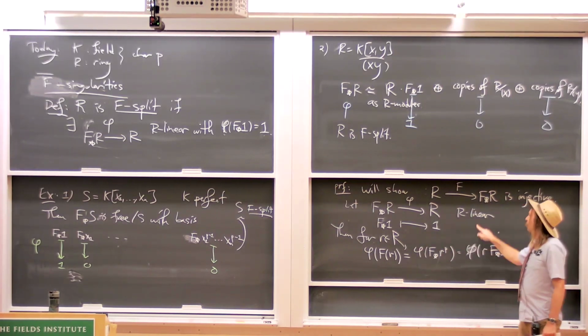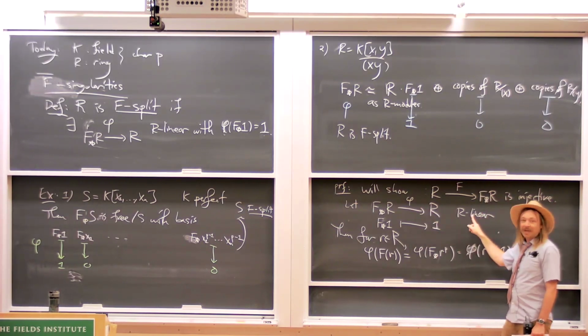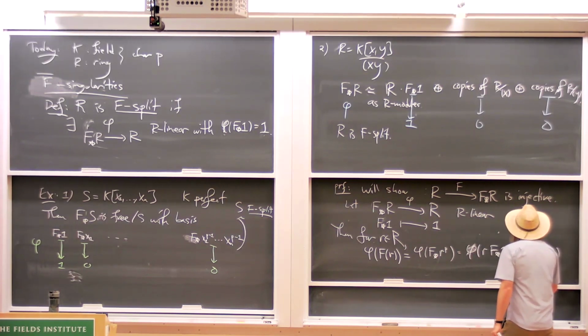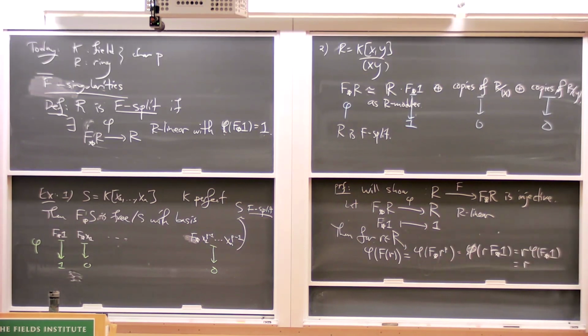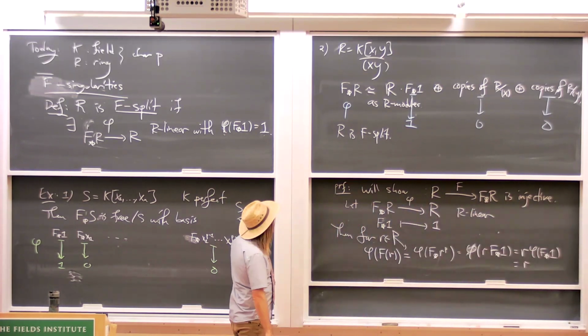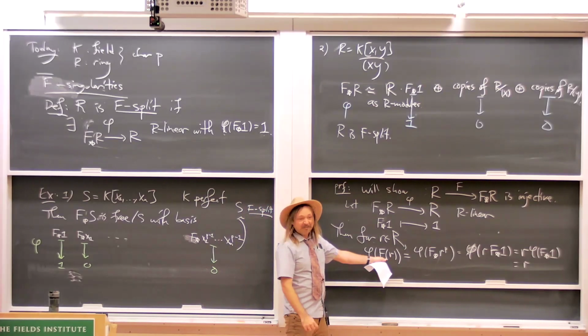What was the only condition that we haven't really explored yet? R-linear. R times 1. That means that F has to be injective.